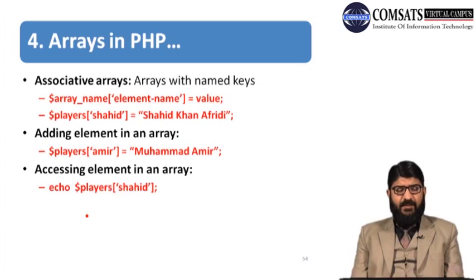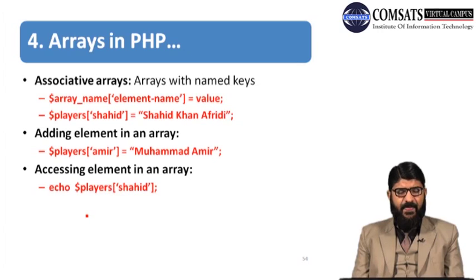Then we also know that there is a category of array that is the associative array. Associative arrays are arrays with named keys. You define an element name instead of an array index, and it will take the particular name as the array index instead of 0, 1, 2, 3.